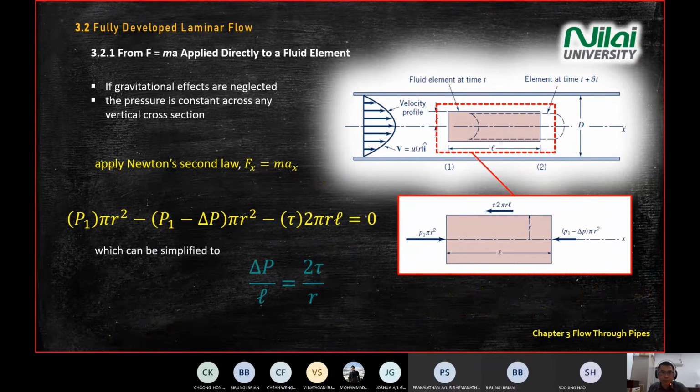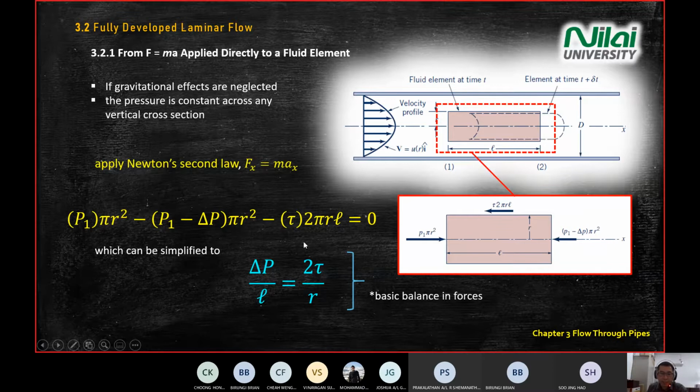So you rearrange everything and arrive at this equation, which is the ratio between pressure and length, and also shear stress and the radius. You rearrange the F equal to ma equation, meaning the force inside the system equals 0, and you get a ratio between pressure and length equal to shear stress divided by R. This one becomes this one.